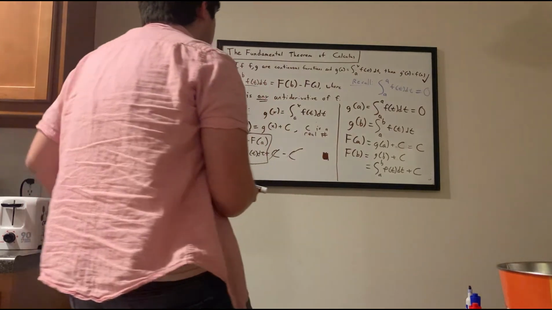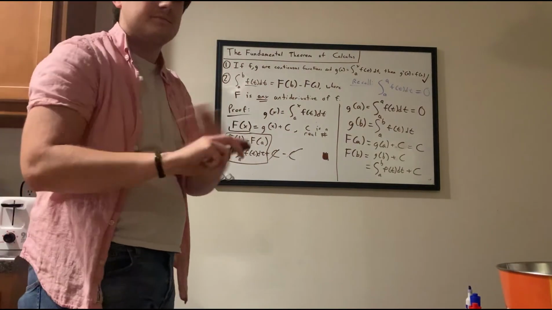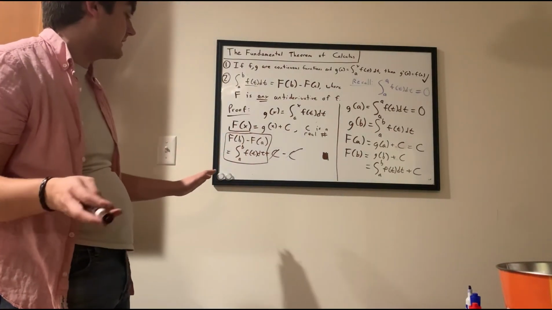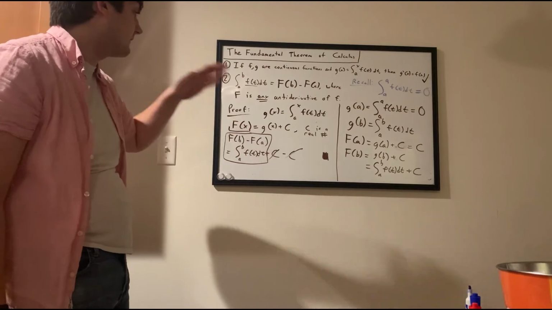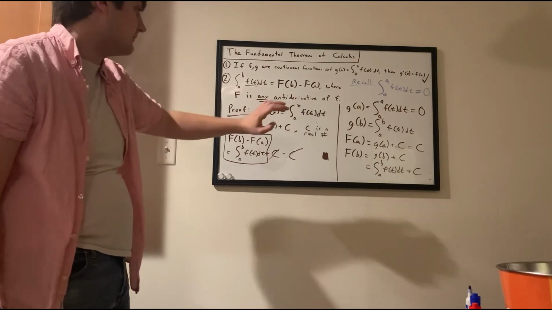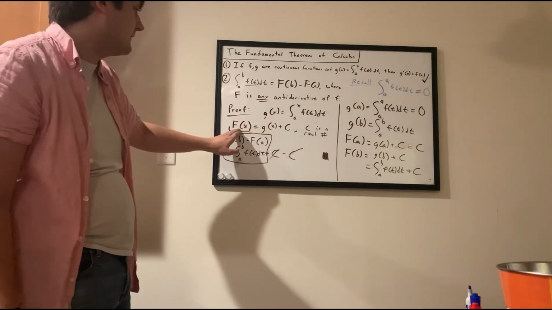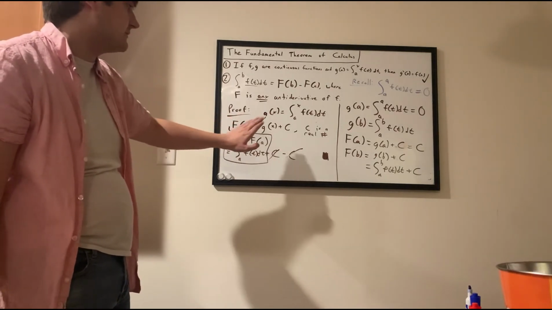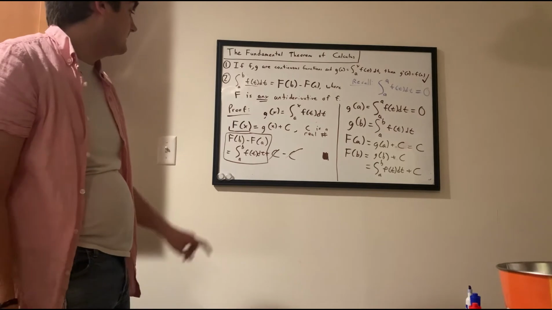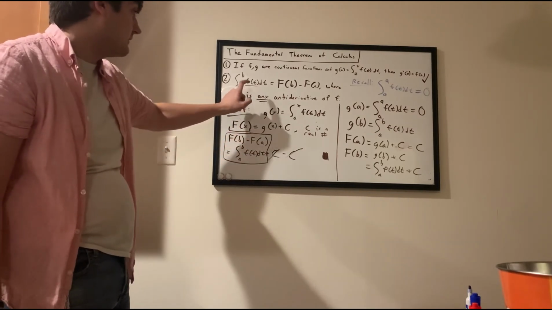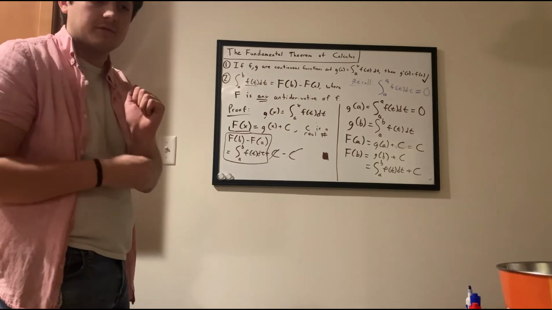Because big F is any antiderivative of little f, right? And so we just showed that for any antiderivative of little f, which is, if I know g of x is an antiderivative, then big F of x, another antiderivative, is just that plus c, that big F of b minus big F of a is equal to the area underneath the curve, right?